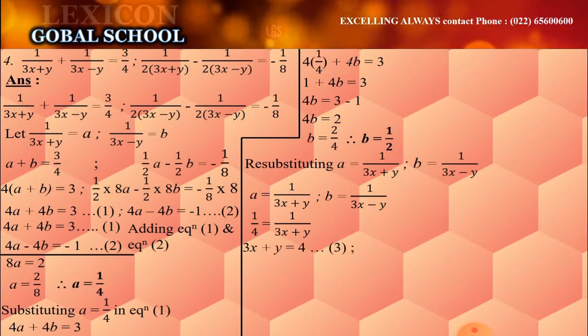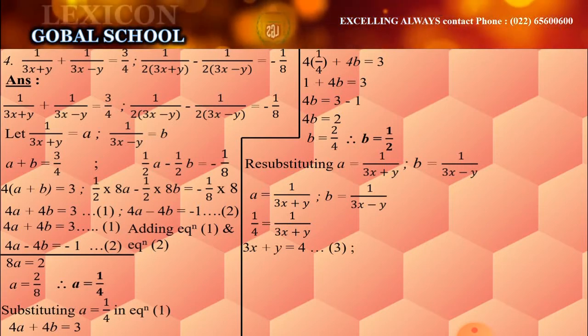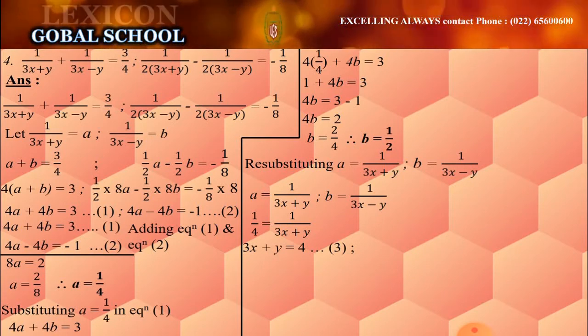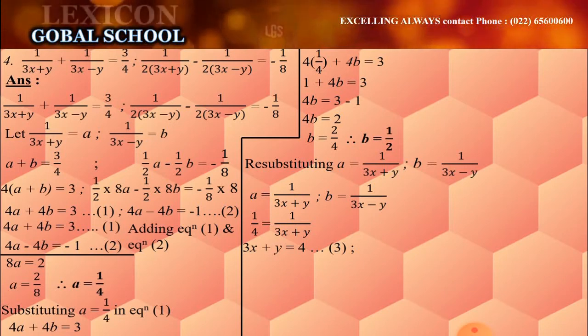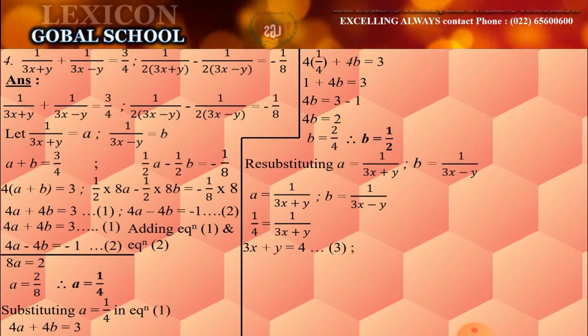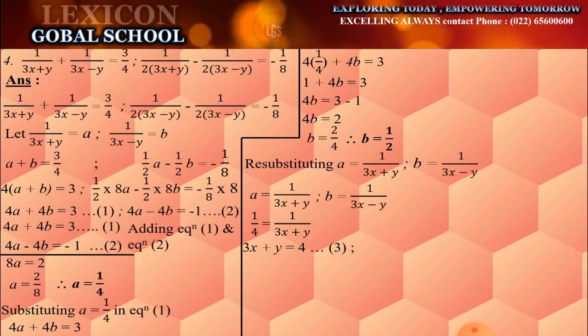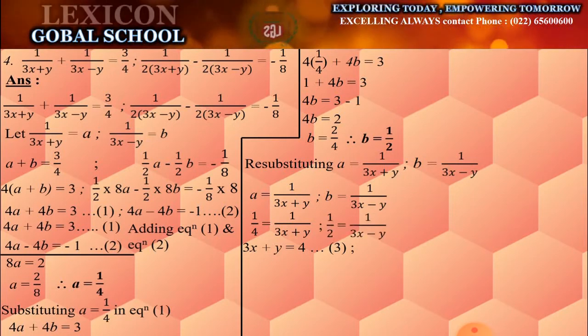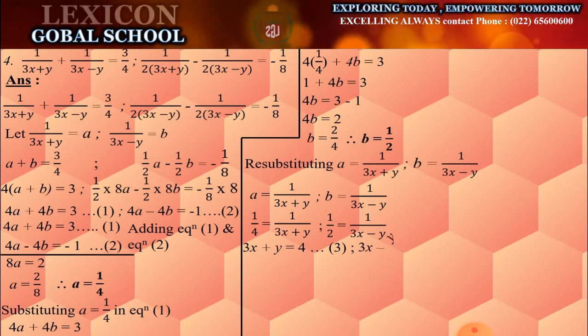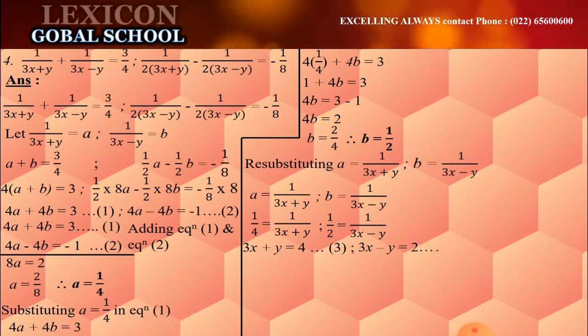When you cross multiply, you get 4 in the numerator, 4 into 1, and (3x+y) into 1. Therefore, 3x + y = 4 is equation number 3. Similarly, the value of b is 1/2. When you again cross multiply, (3x−y) into 1 will give me 3x − y and 2 into 1 will give me 2. That is equation number 4.